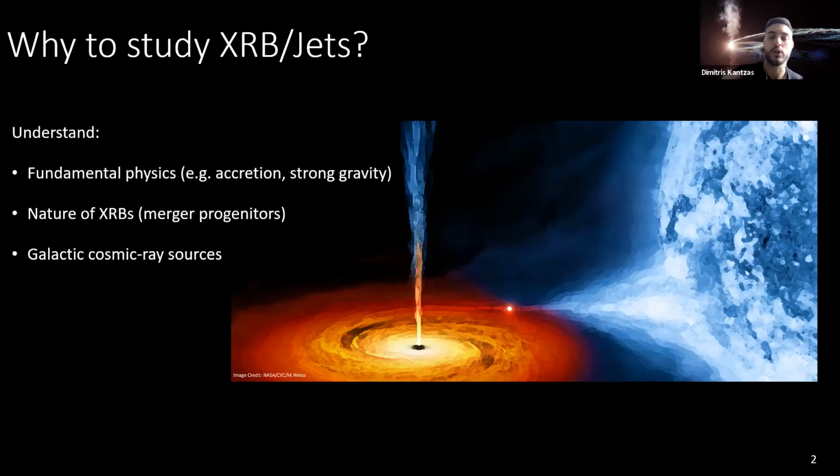And we can actually use the X-ray binaries located in our own Milky Way or the nearby galaxies to extract useful information about those X-ray binaries that eventually will collide in these very distant galaxies. Finally, there might be some very interesting connection between galactic X-ray binary jets and galactic cosmic ray sources.